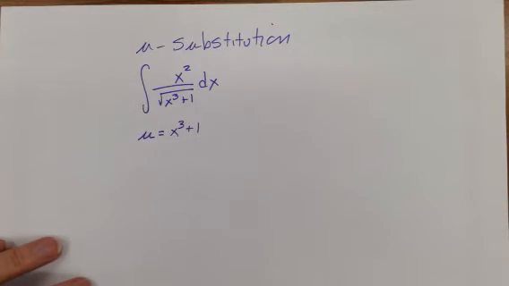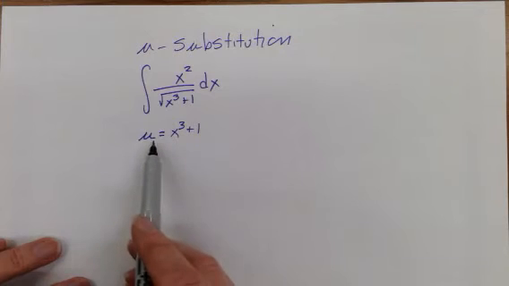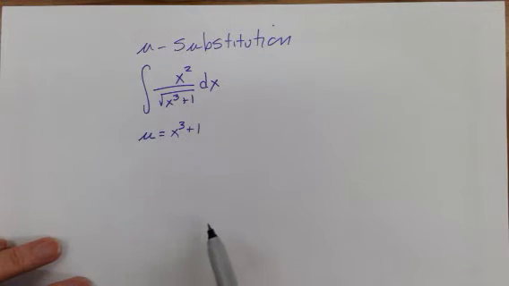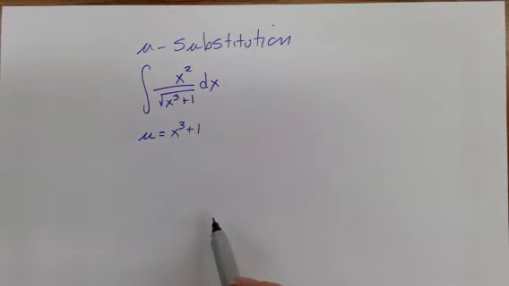I have here written down that u can substitute in for x cubed plus 1. Now we will know if this is a good idea when we take the derivative and then look and see, are we able to substitute out all the x variables?